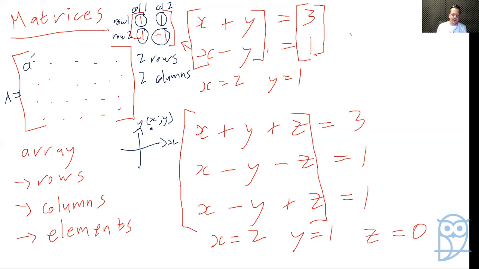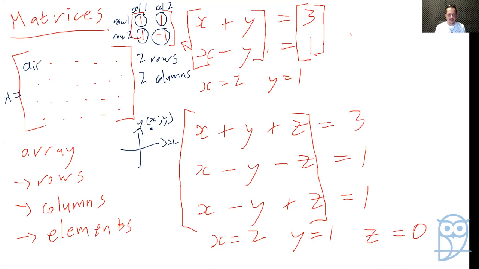This element is in the first row, so it's 1, and the first column, so it's 1. Some people put a comma between them. You can if you want. You don't have to. Those 2 notations are both perfectly acceptable. Just don't think that this is A eleven. It is not A eleven. It is A one-one.